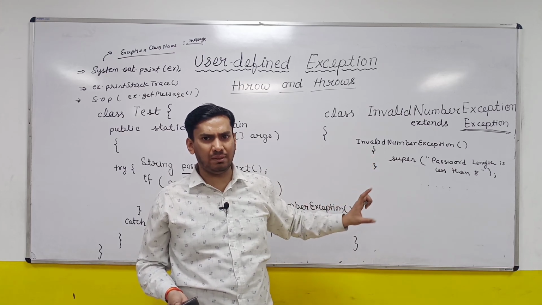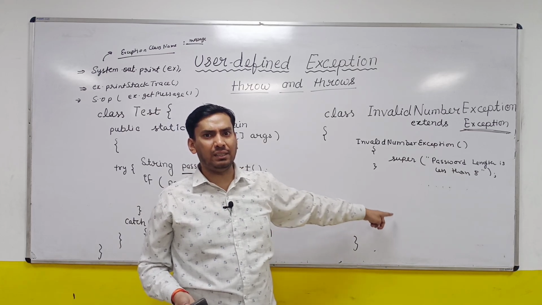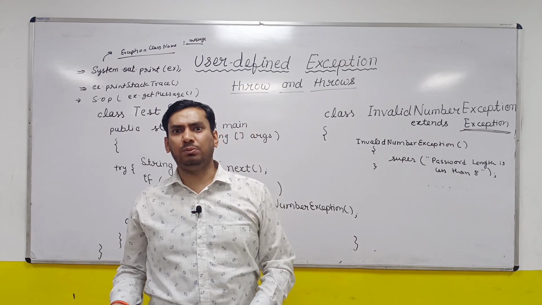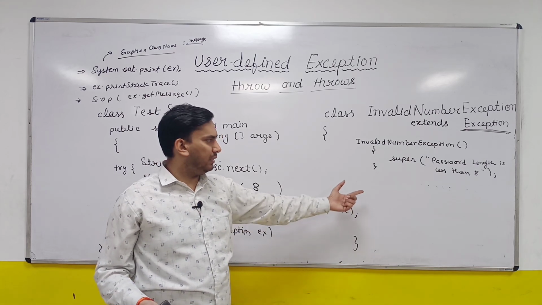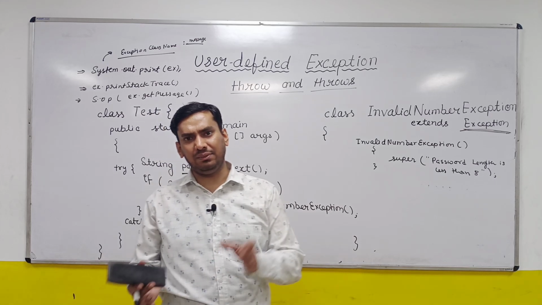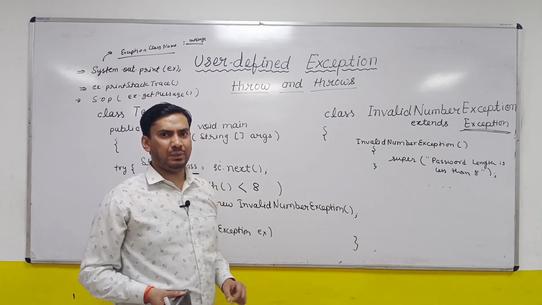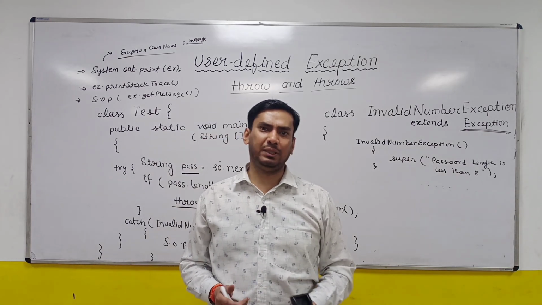If you don't want a message, you need not write a constructor. You override the toString method when you feel that some other message should be printed when the exception object is printed, then you can return something from the toString method. Otherwise, class name followed by colon followed by message will be printed by default for exception objects. So that's all about custom exceptions.